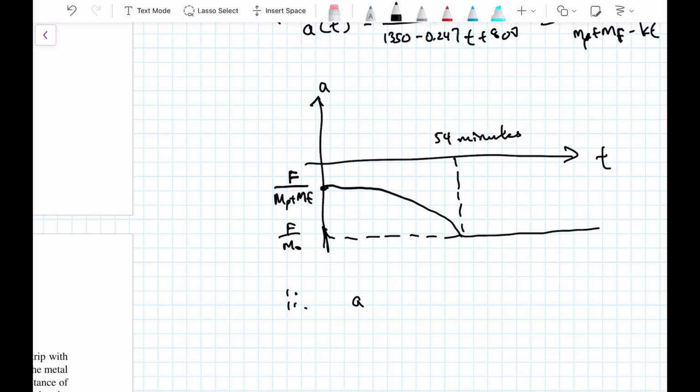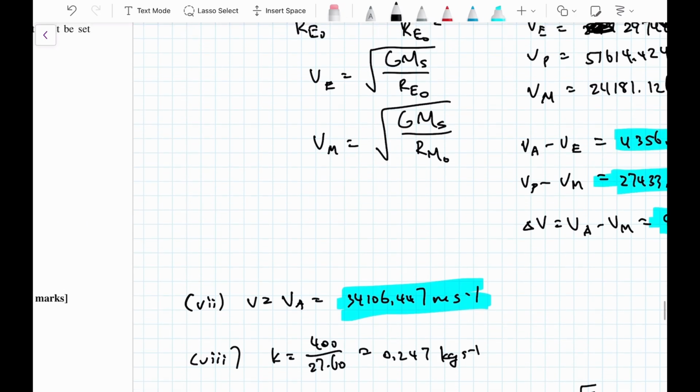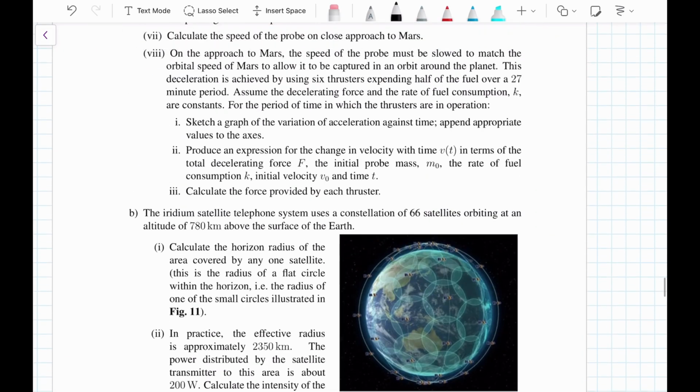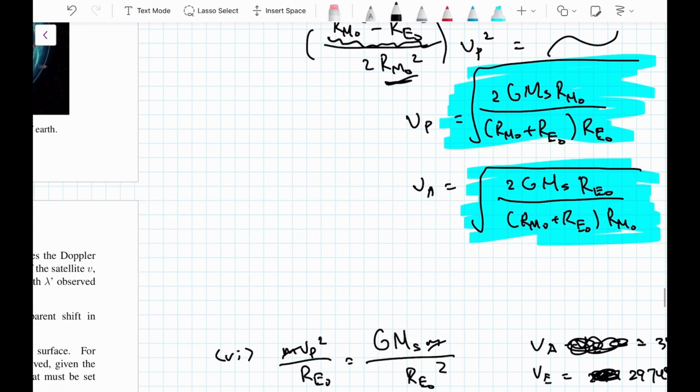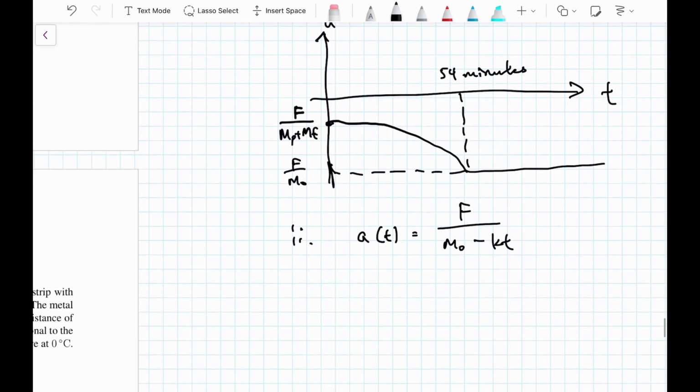So the acceleration in terms of time should be equal to F over mp, the initial total probe mass, minus kt, and then we have initial velocity v0. Then we can basically just integrate this.